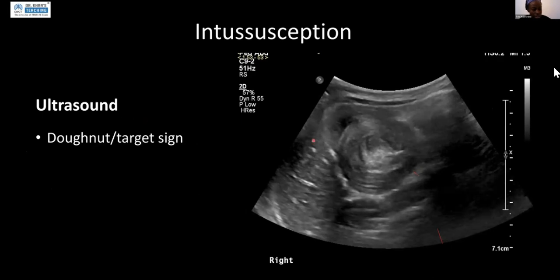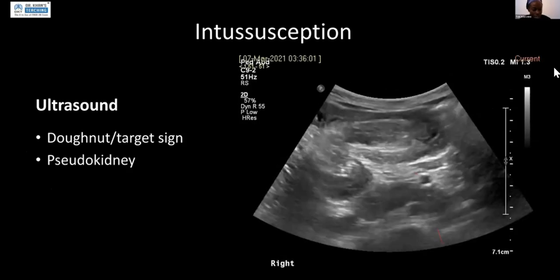The donut sign is because you get concentric alternating bowel wall layers. The mucosa and the muscularis are echogenic, and then you get hypoechoic bands, which are the submucosa. That's what you see here, so you get alternating bands: hyperechoic, hypoechoic, hyperechoic, hypoechoic, and then centrally in the middle you get the mesentery that's been pulled in.